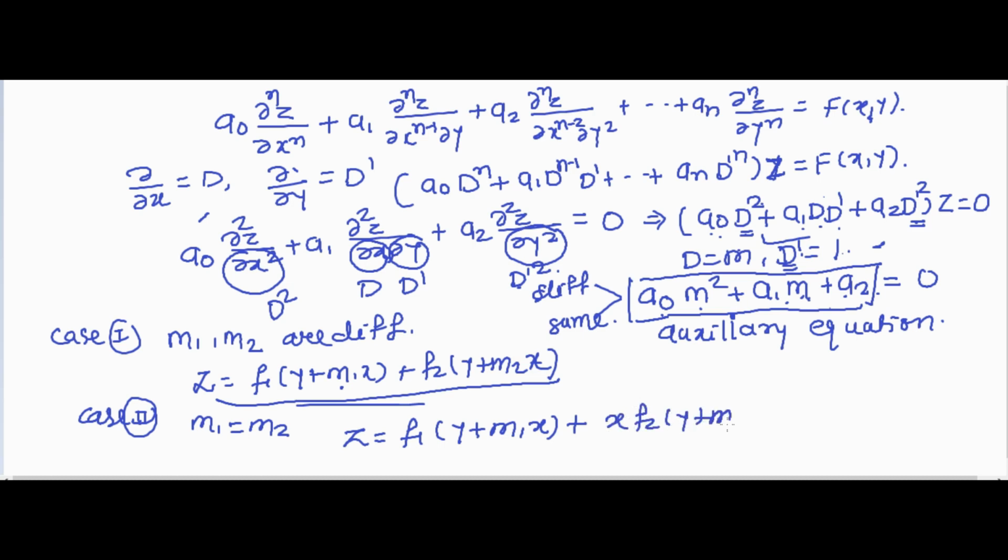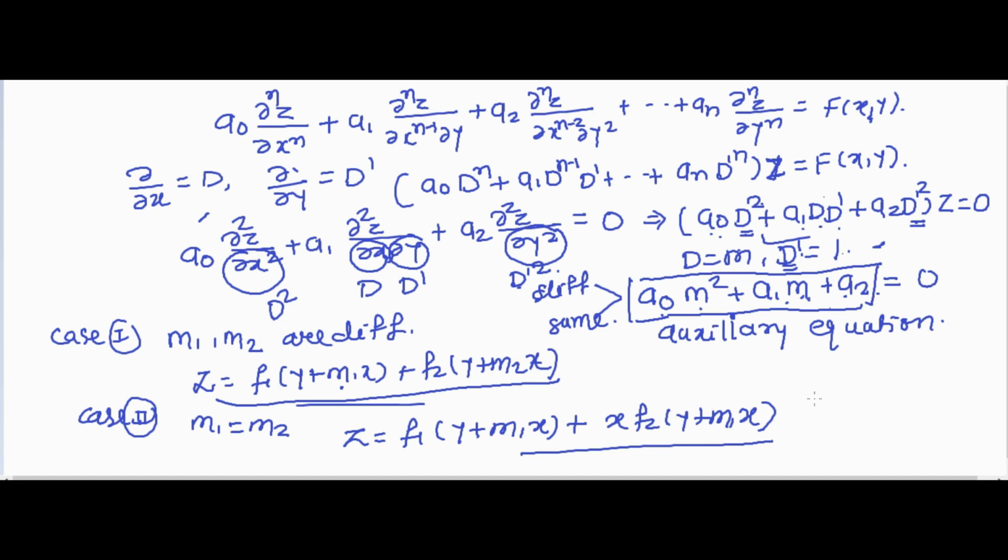Friends, remember these things. These are very important for solving the differential equation. You have to put del by del x as capital D and del by del y as D dash, then substitute D equal to m and D dash equal to 1, and you will get the auxiliary equation. Find the roots of that auxiliary equation.